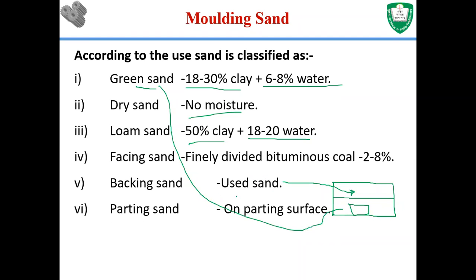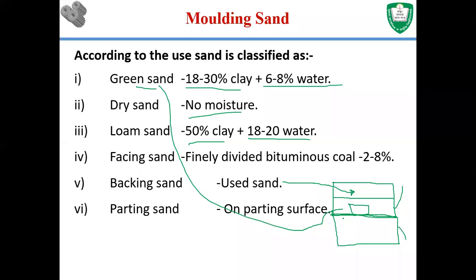Then the parting sand is actually used between the drag and cope. Once the drag is complete, you sprinkle the parting sand in this region, because for the removal of the pattern you need to separate the drag and cope. That parting sand provides the flexibility so that the drag and cope can be separated easily.